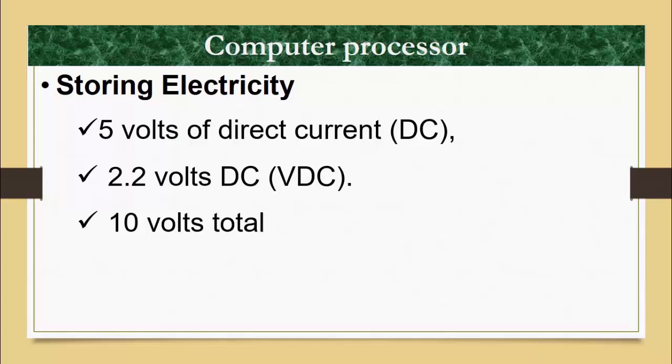Students, by decreasing the voltage of a microprocessor from 5 volts direct current to as low as 2.2 volts, Intel and other manufacturers were able to dramatically increase the speed of their systems. Another benefit of reducing the voltage is that it reduces the amount of power needed to run the computer, very important for portable computers, and reduces the heat generated by all these transistors.